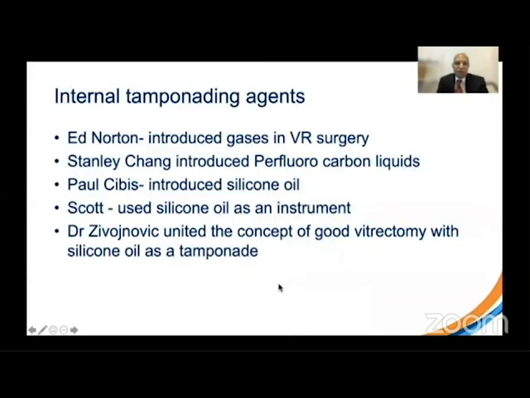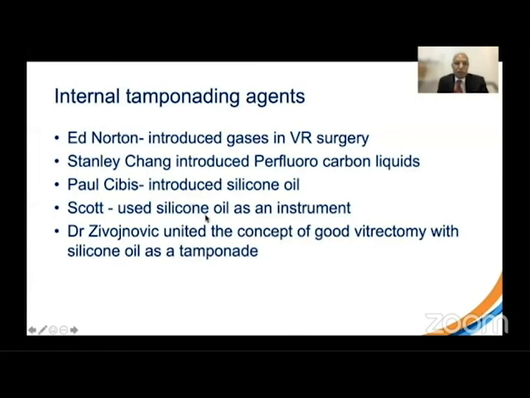Coming to internal tamponading agents, Edward Norton introduced gases into vitreoretinal surgery, and we still use SF6 and C3F8 quite routinely. Stanley Chang introduced perfluorocarbon liquids, which, as I alluded to, has revolutionized the care of complex detachments such as giant retinal tear, retinotomies, retinectomies, etc. People needed long-term silicone internal tamponading, which was provided by Paul Sibis.